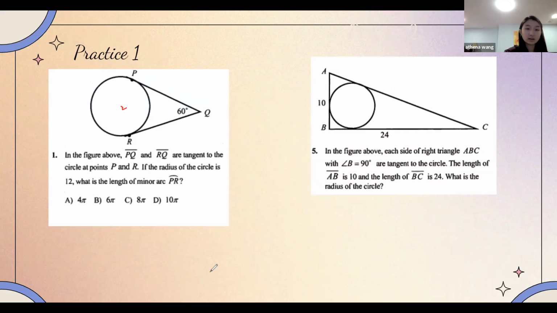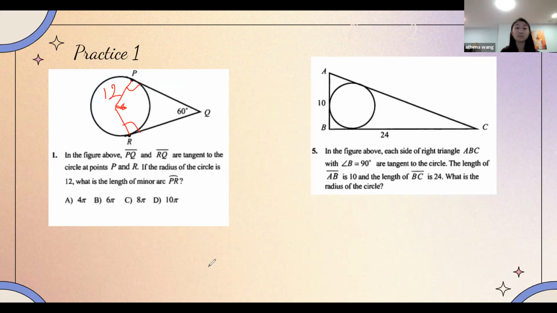So we know that all tangents are 90 degrees, are perpendicular. Well, that point to the center would be perpendicular to each of those lines. So always mark that in. That is very helpful. And we also know that the radius of the circle is 12.